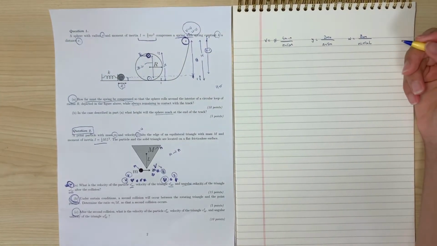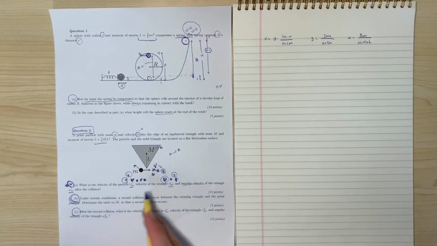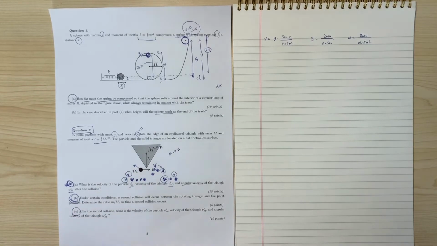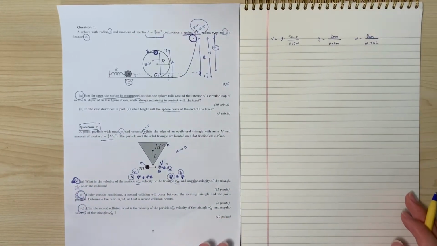So that was our answer to the first part: v prime of m, v prime of big M, and omega prime of big M, the quantities after collision.